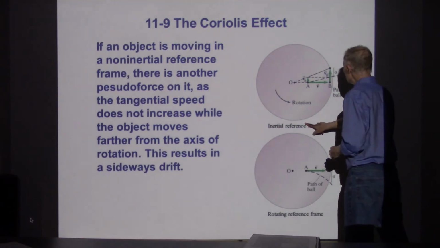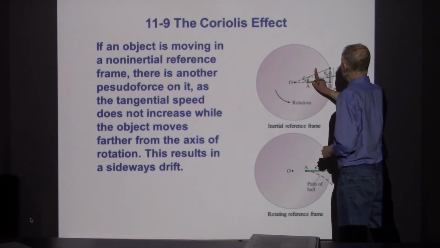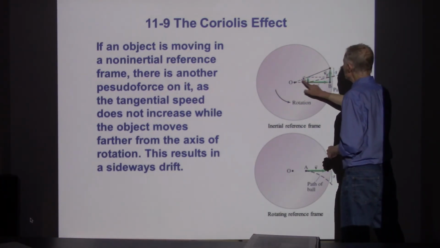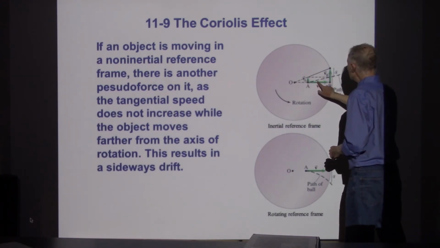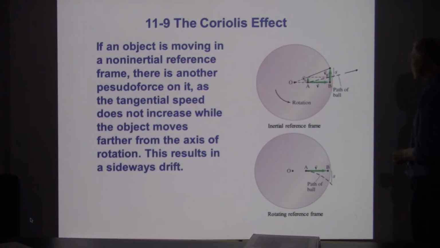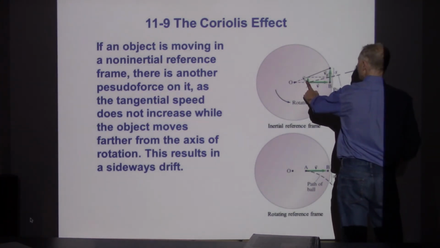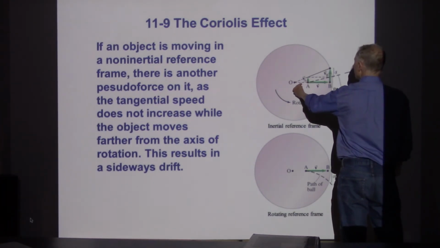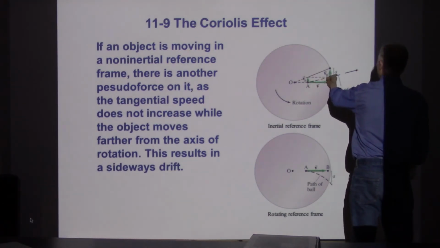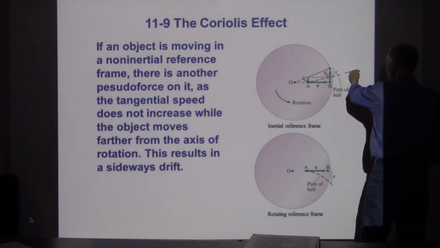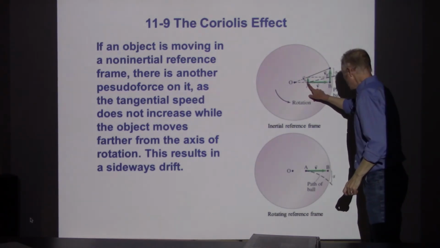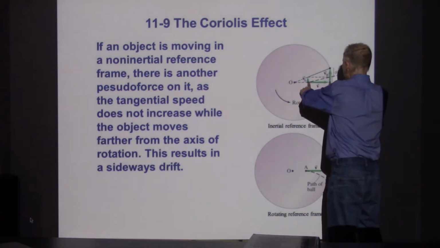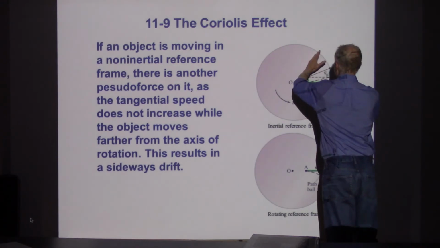In the inertial frame, as I move away from the center, that location is moving faster and faster. So if someone at point A throws a ball off in that direction, the points A and B continue to rotate.